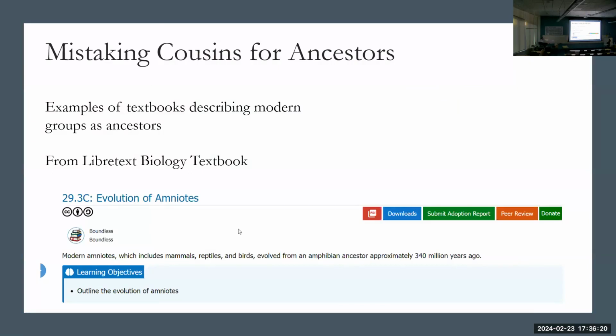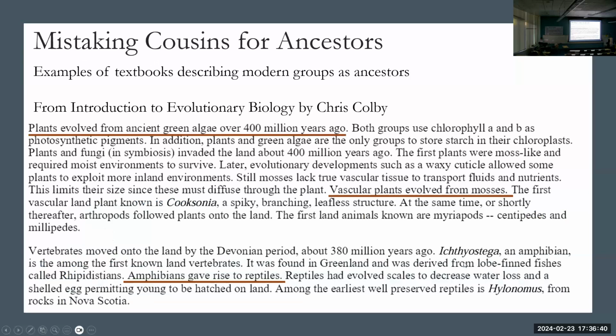Here's one from a free, open source textbook that we found. So in the evolution of amniotes, that's again reptiles and mammals, we're saying modern amniotes, which includes mammals, reptiles, and birds, evolved from an amphibian ancestor approximately 340 million years ago. Right? And then this is from another biology textbook, where they say plants evolved from ancient green algae, which green algae are a modern group.